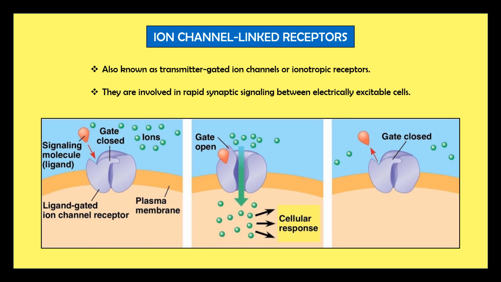It may be due to the work done after passage of the ions. It excites the cells, then the nerve impulse is carried to the other cell. So this cell will lose its activity. The ligand gets separated from the receptor and the gate closes.